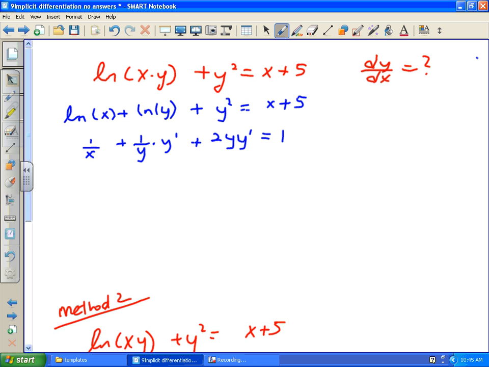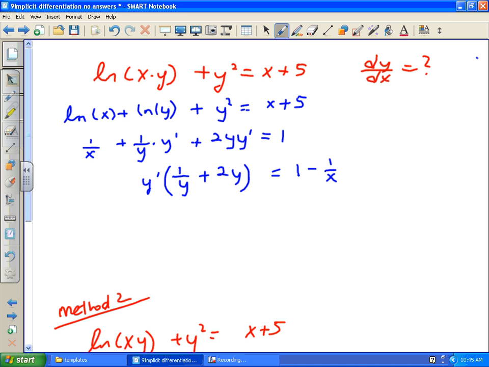So now I want to solve for y prime. So I'll send the 1 over x to the other side. At the same time, let me also factor out the y prime from the remaining terms, okay? So 1 over x is going to appear on this side. There's already a 1 there. I'm going to subtract 1 over x, sending it there. And on the left-hand side, y prime times 1 over y plus what? 2y.